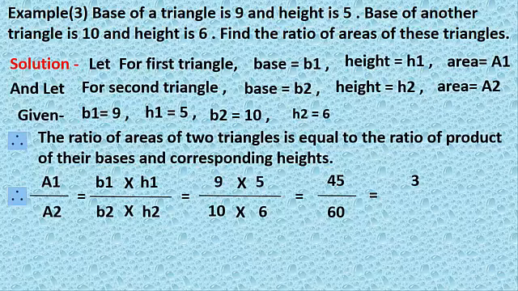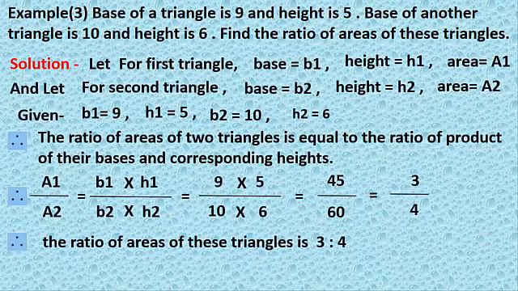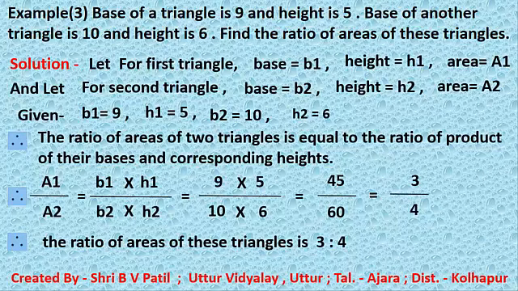Therefore, the ratio of areas of these triangles is 3 is to 4. In this way, you can solve the example.